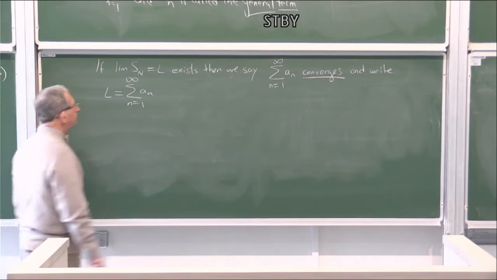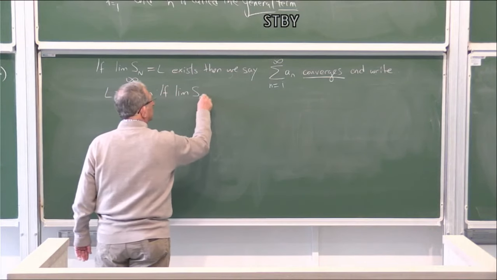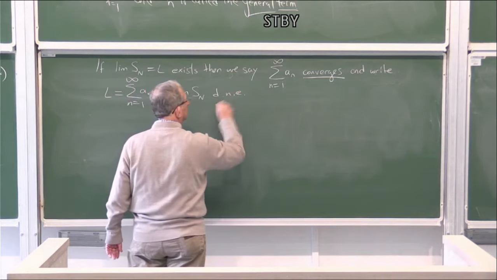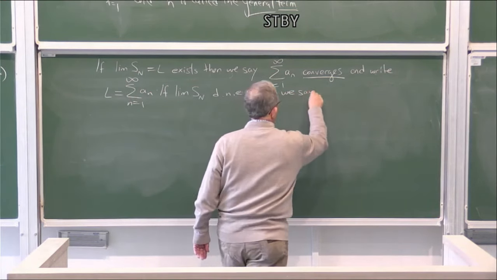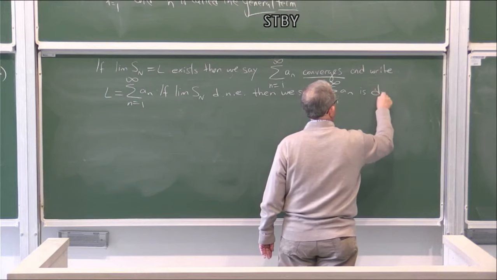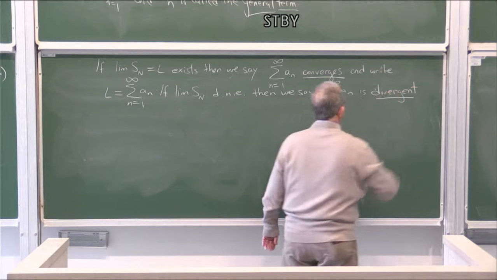If the limit of Sn does not exist, then we say the series is divergent or diverges.